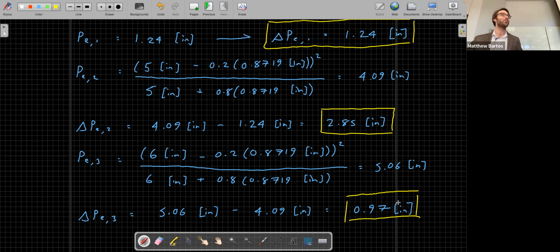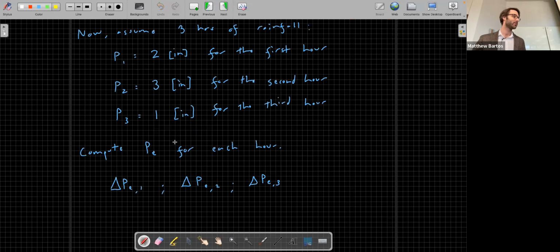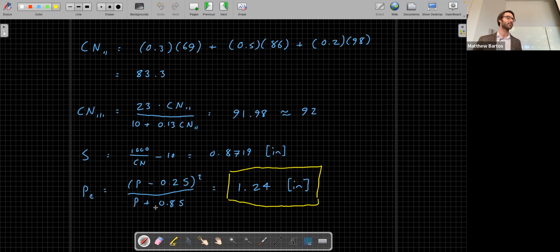So this reveals an important point about the curve number method. When we have this expression for the precipitation in the curve number method, what is this P actually?